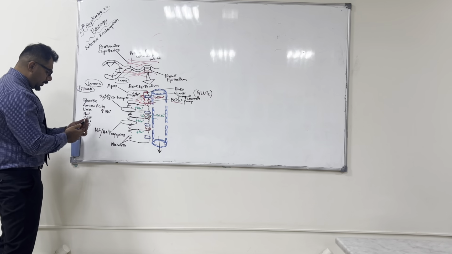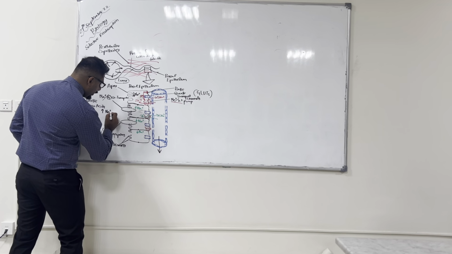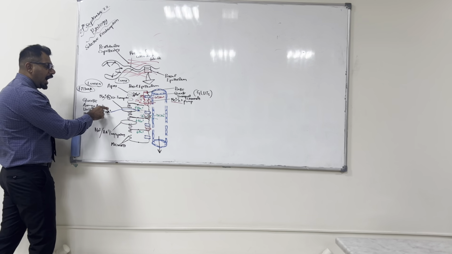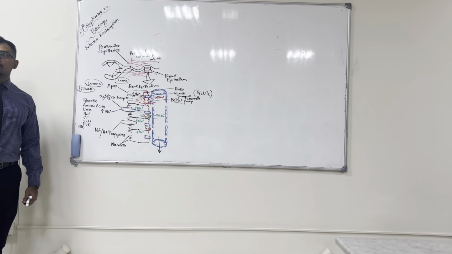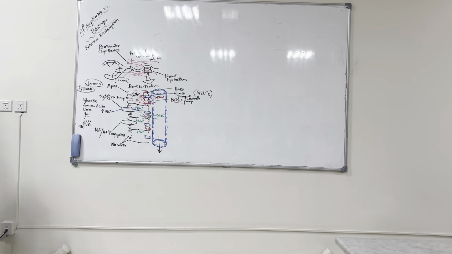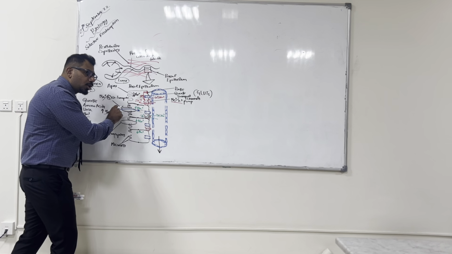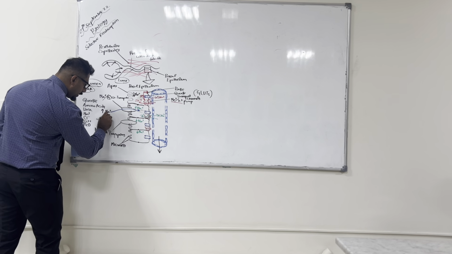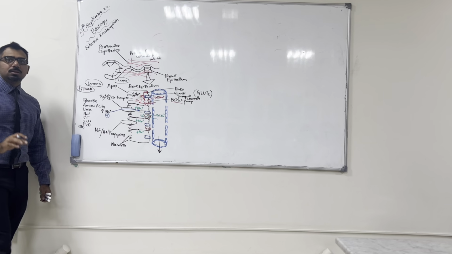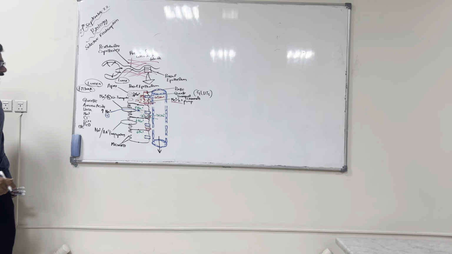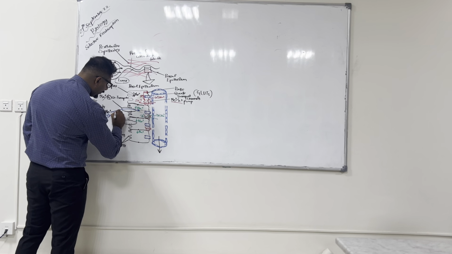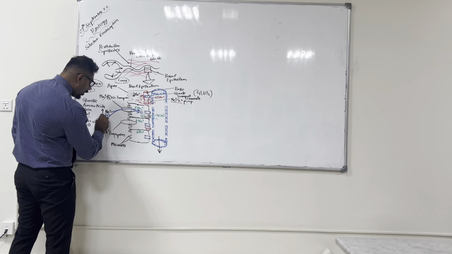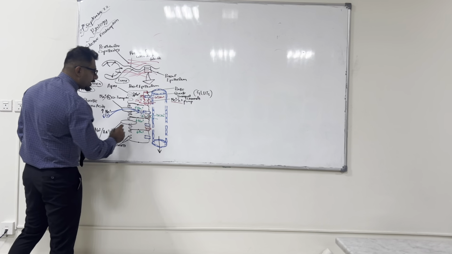Through these co-transporters, what will happen? Sodium ions will start going in from higher concentration to lower concentration. But as these are co-transporters, what will happen? I am writing only the G, glucose, right? It will tag along with the sodium and it will enter from lower concentration to the higher concentration.